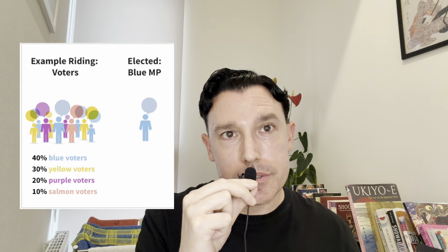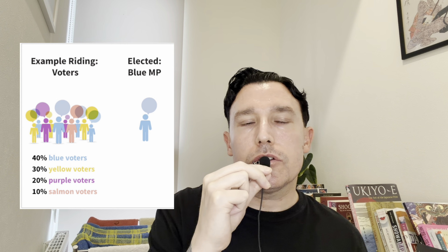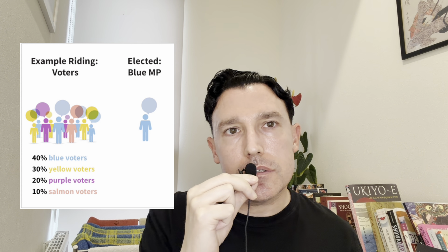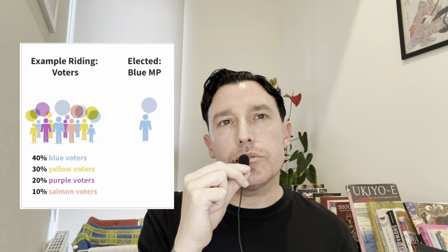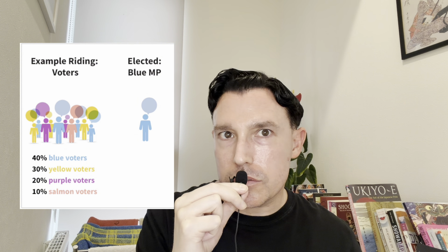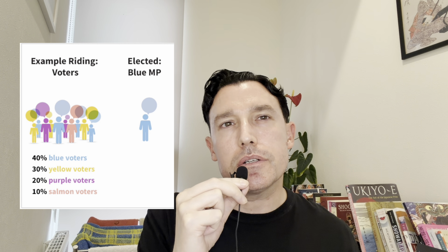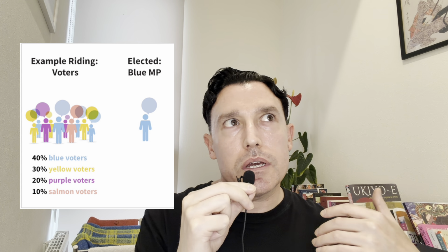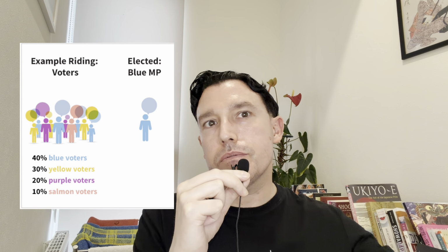So let's look at how these insurgent parties can become so popular and get so much power so quickly. If you see here, this is the first past the post system. So the losers get nothing. Even if your party got 20% of the vote, that 20% counts for nothing later when they apportion seats.